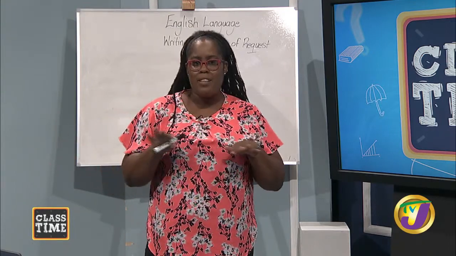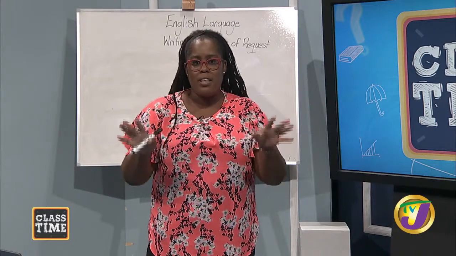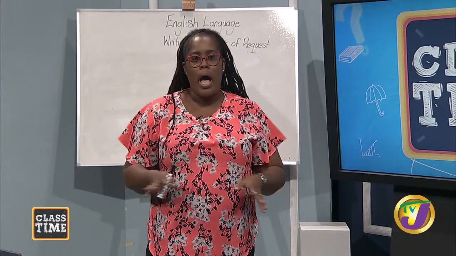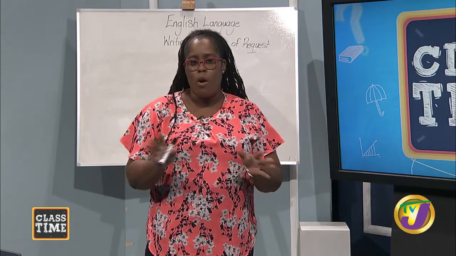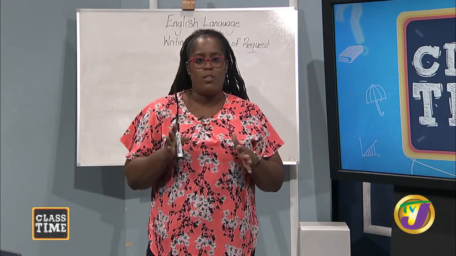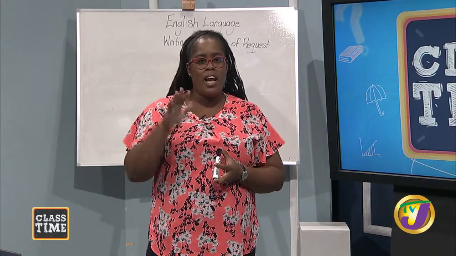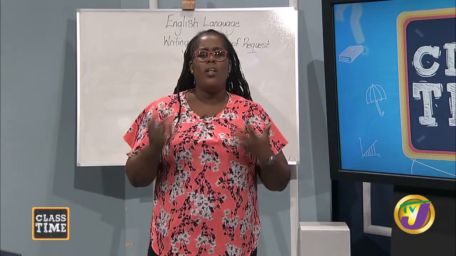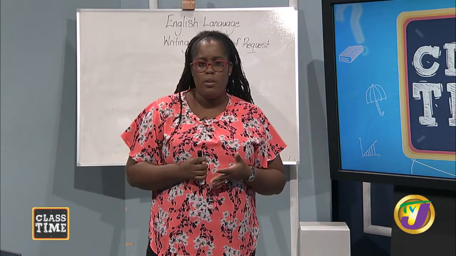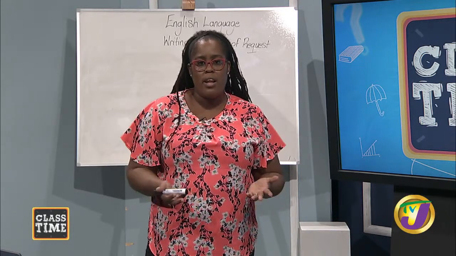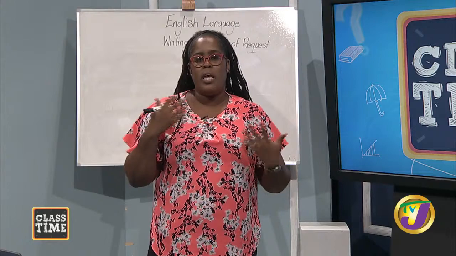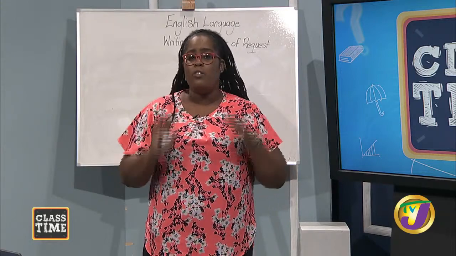But before we get to actually writing the letter or telling the person about the fact that we did not get our money, what is it that we should start off with? Remember, we're writing a letter. Now, what is the first thing that we should include? For me, I choose to use the block format. Remember, there's no hard and fast.